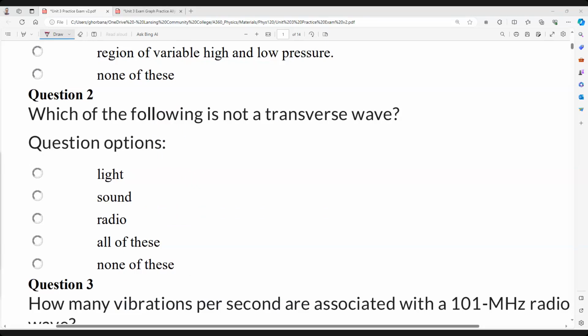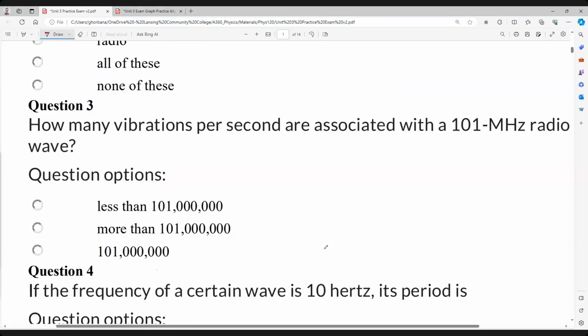So let's say we have a spring and you're moving it back and forth, it's going to be a longitudinal wave. But if you're moving it up and down, it's going to be a transverse wave. So the right answer here is going to be the sound wave. Question number 3.